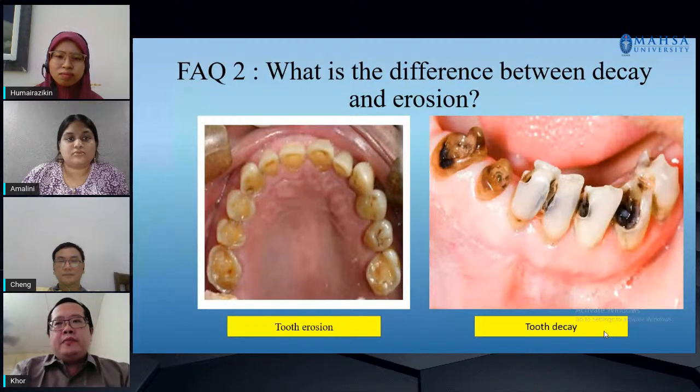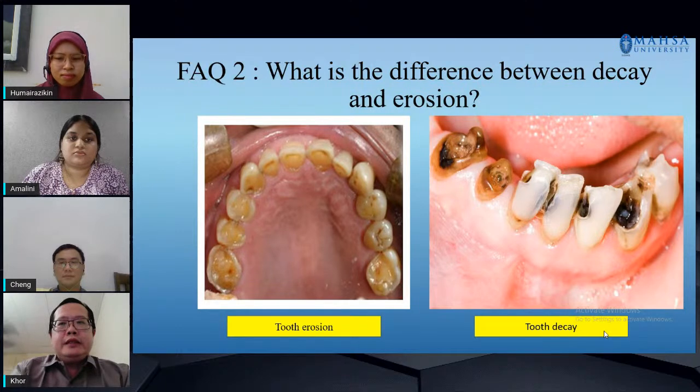This acid actually comes from the bacteria. Sugary, starchy food is turned into acid by bacteria in our mouth. And it occurs in specific areas of the teeth. The result is the breakdown of the tooth enamel, causing cavity and decay to develop.